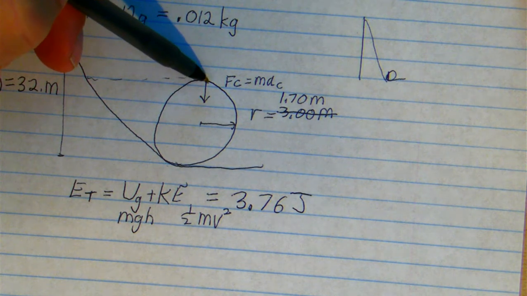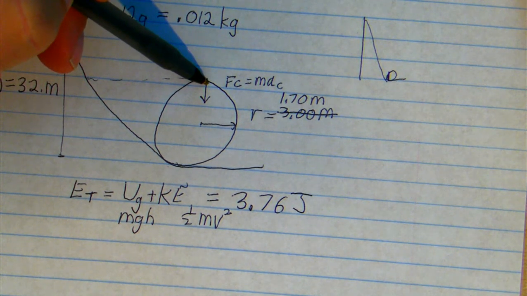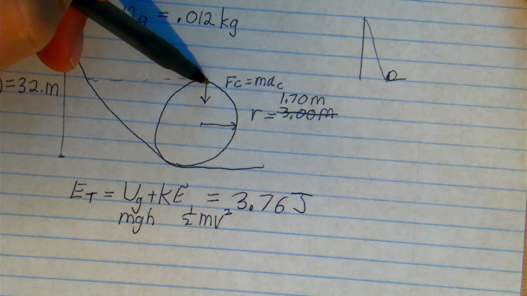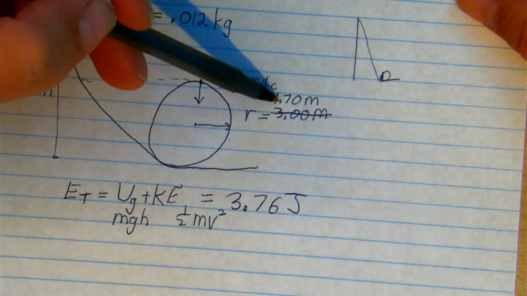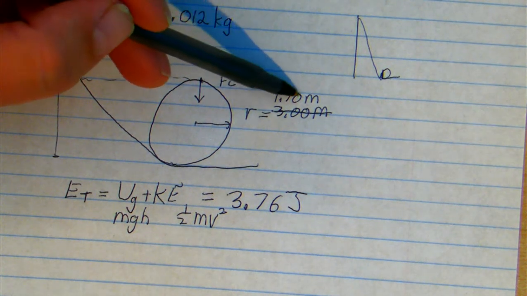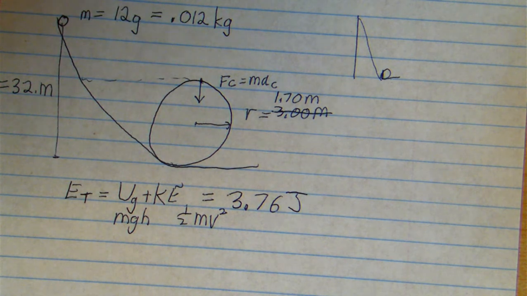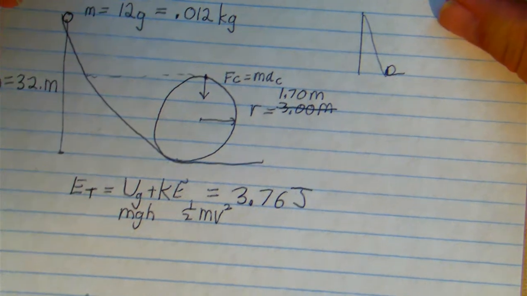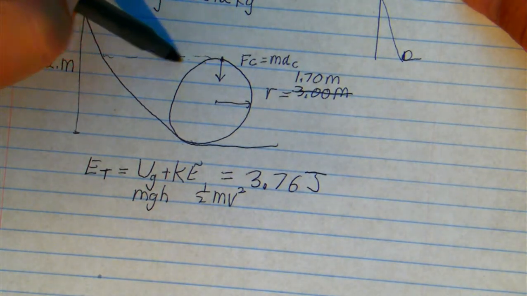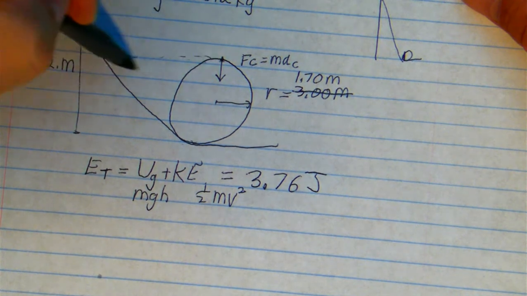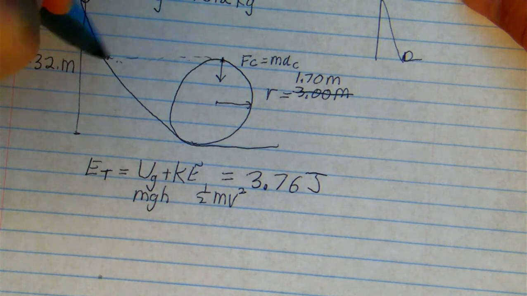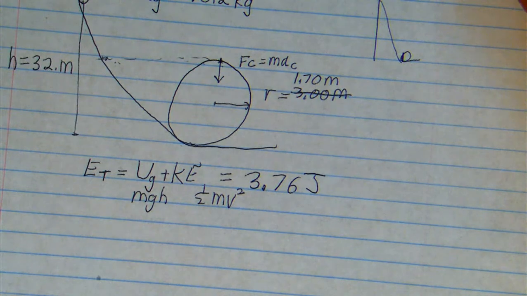What would be the kinetic energy at the top of a circle of radius 1.70 meters above ground level? Yikes. I think you understand what you need to calculate is how much gravitational potential energy you have at this new height.